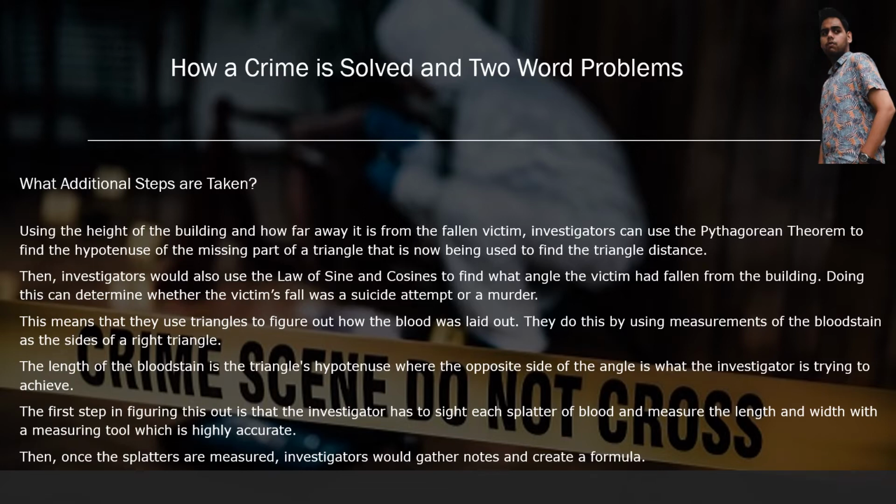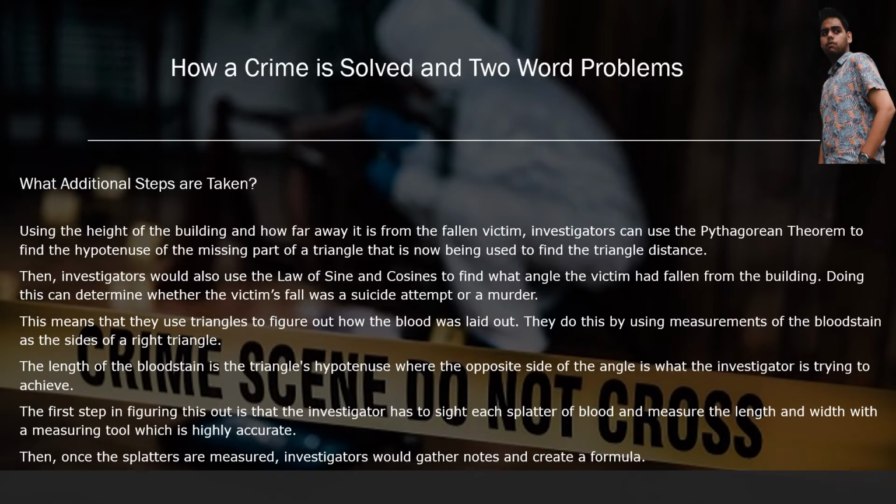This means that they use triangles to figure out how the blood was laid out. They do this by using measurements of the blood stain as the sides of a right triangle. The length of the blood stain is the triangle's hypotenuse, where the opposite side of the angle is what the investigator is trying to find.